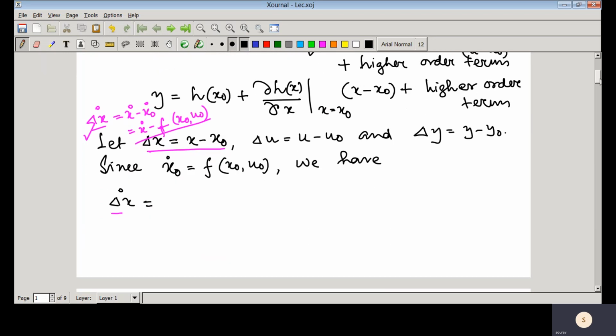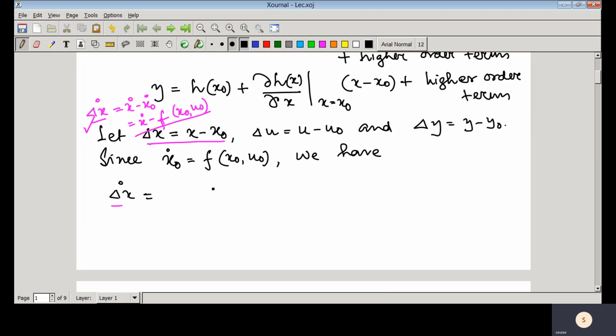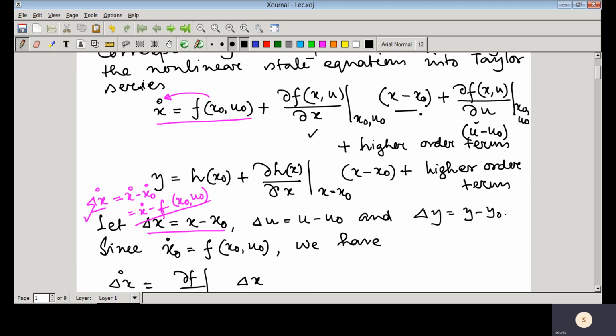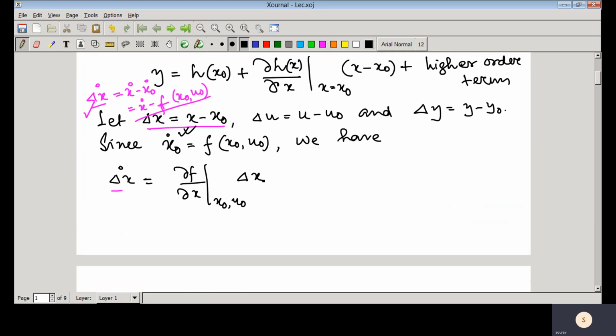That is, delta x dot equals del f by del x, calculated at the operating point, times x minus x0, which we have already assumed equal to delta x. So I have replaced it here. Then del f by del u, evaluated at x0, u0, times delta u.